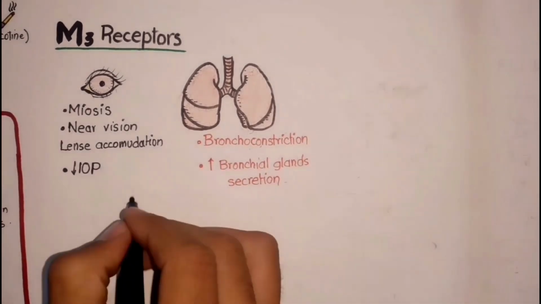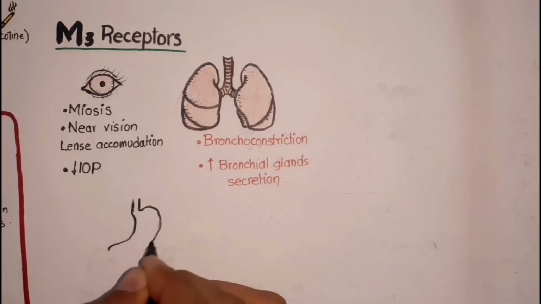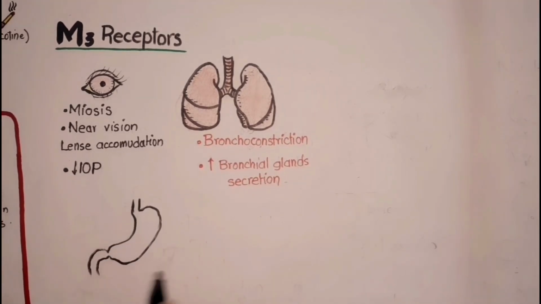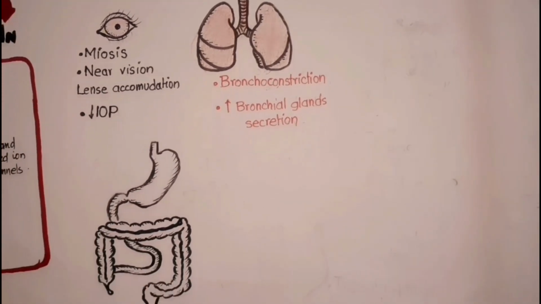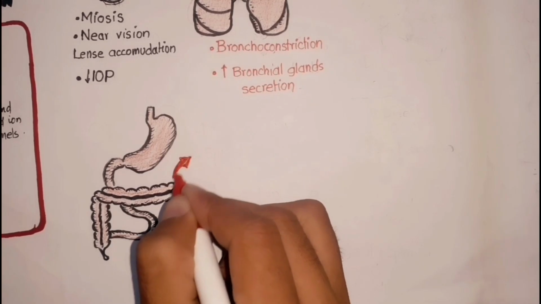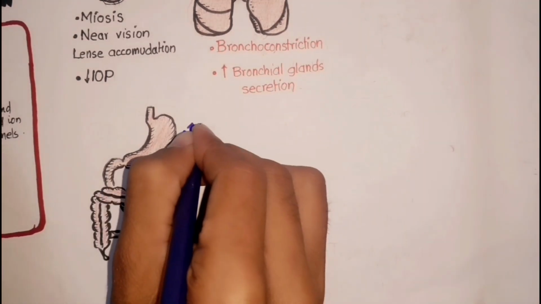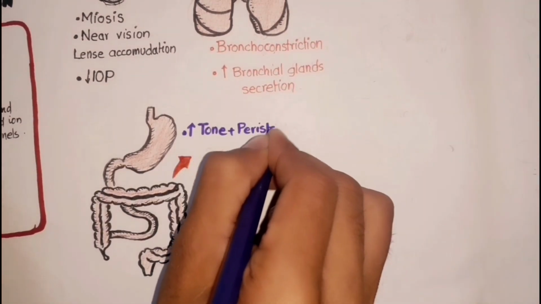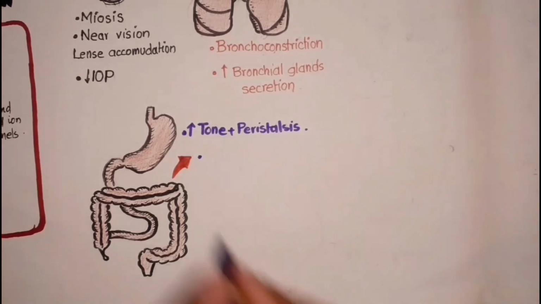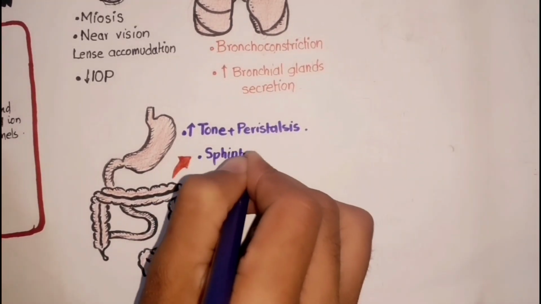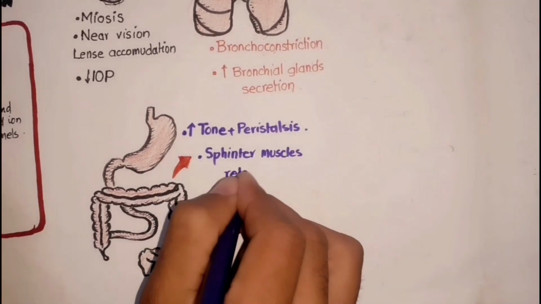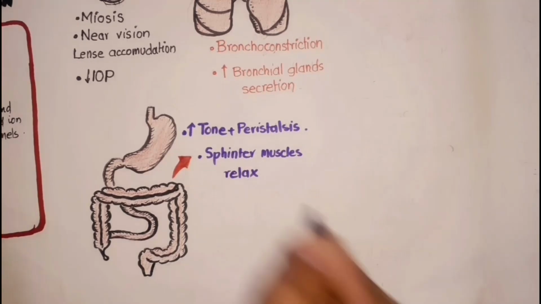In addition, the smooth muscles of the gastrointestinal tract also have M3 muscarinic receptors, where the smooth muscle of the walls of the GIT contracts and ultimately leads to increased tone and peristalsis, while the smooth muscles of the sphincters relax.